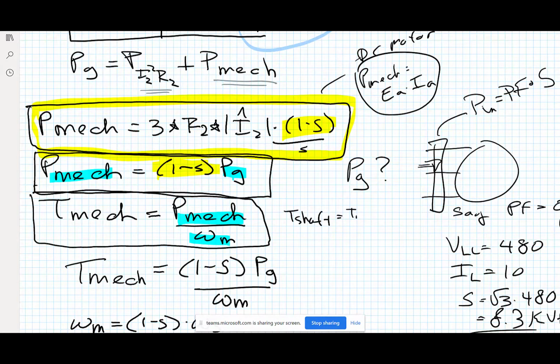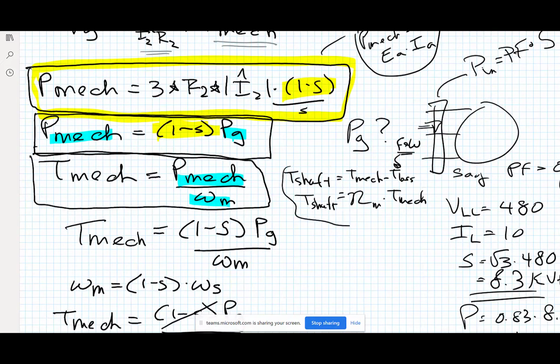T shaft is going to be T mechanical minus the loss torque. That could be friction and windage loss or mechanical loss. Or it could be the mechanical efficiency times T mechanical would be the T shaft. I could call this P shaft, just multiply both sides by speed, and I've got shaft power. I could get it to you in horsepower, for example.